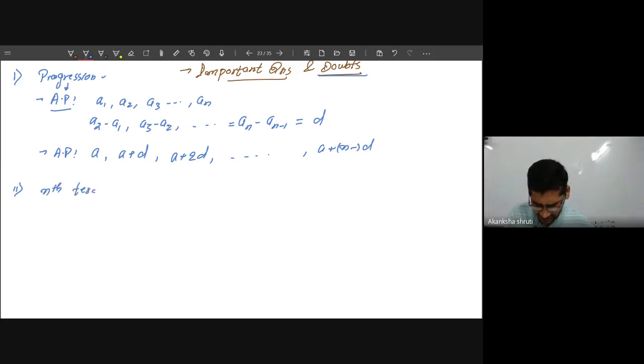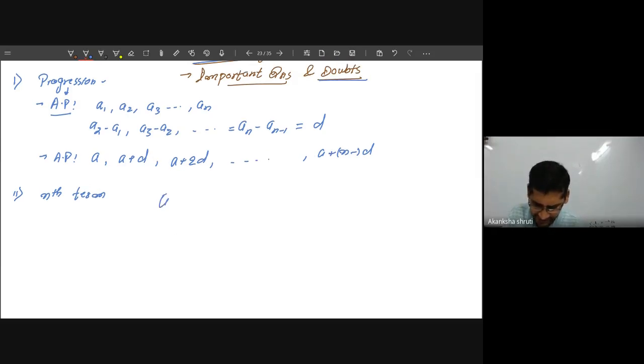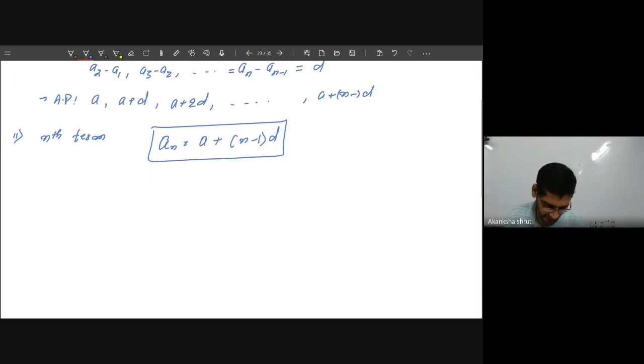So the nth term of an AP is given by An equals A plus (n minus 1) D. So this is the formula of the nth term. The next was the addition of terms.